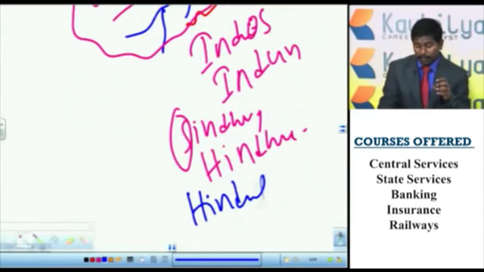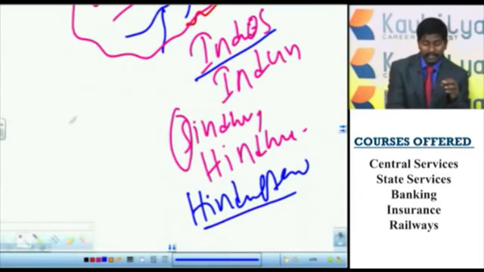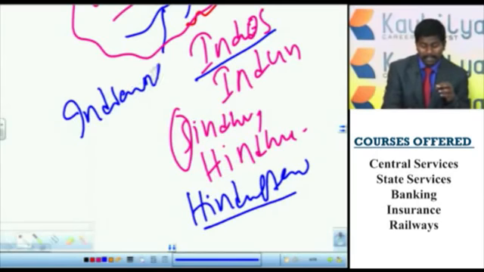That means the people who are living in the drainage basin of Indus. That means all this land which is east of the Indus river is said to be Hindustan, and the people who are living in the drainage basin of Indus are said to be Indos or Indans, or finally it is coming as India, or these people are called as Indians.